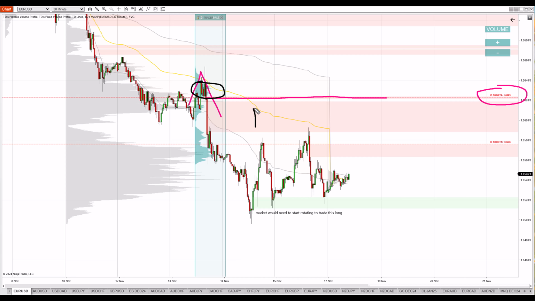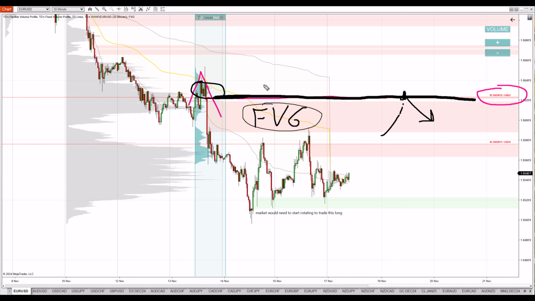Also, we have a fair value gap here, and this is the beginning of that fair value gap, right? That's our resistance. So when the price comes to this level, then chances are there'll be a reaction because of the fair value gap, those heavy volumes which we see here, and also the fact that there was a strong rejection, which shows aggressive sellers.